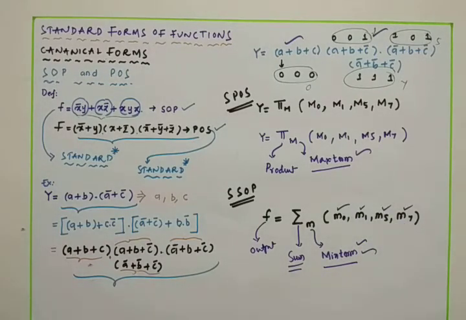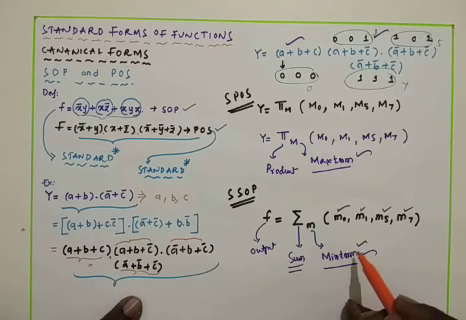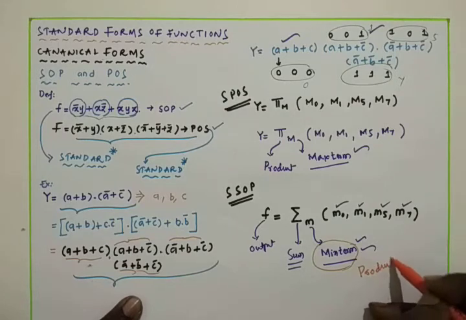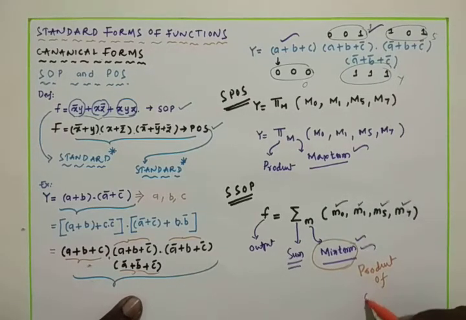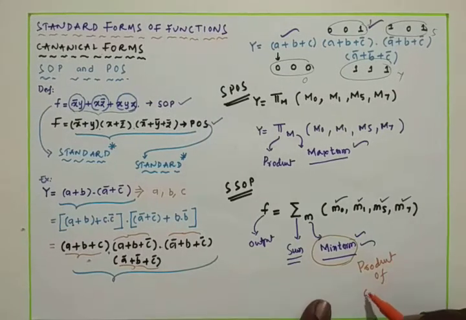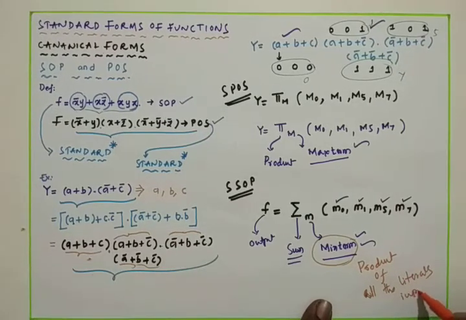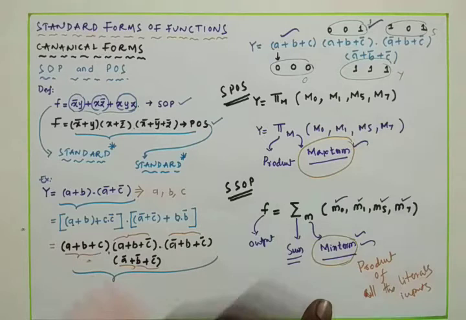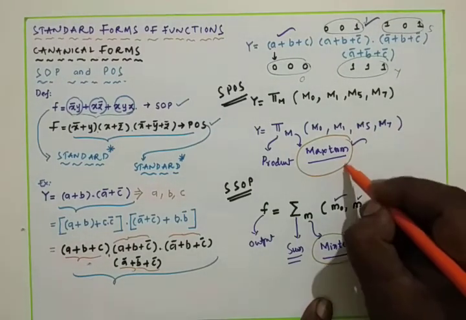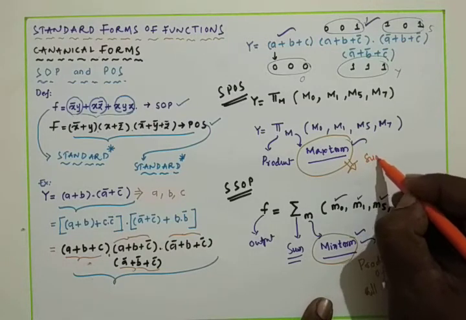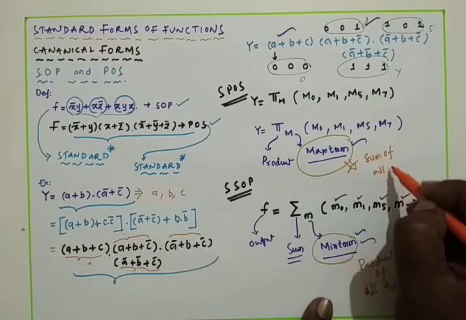So here the point is very clear. A min term is a product of all the literals. Literals are nothing but inputs. Whereas a max term, we can see in the POS, is a sum of all the literals.